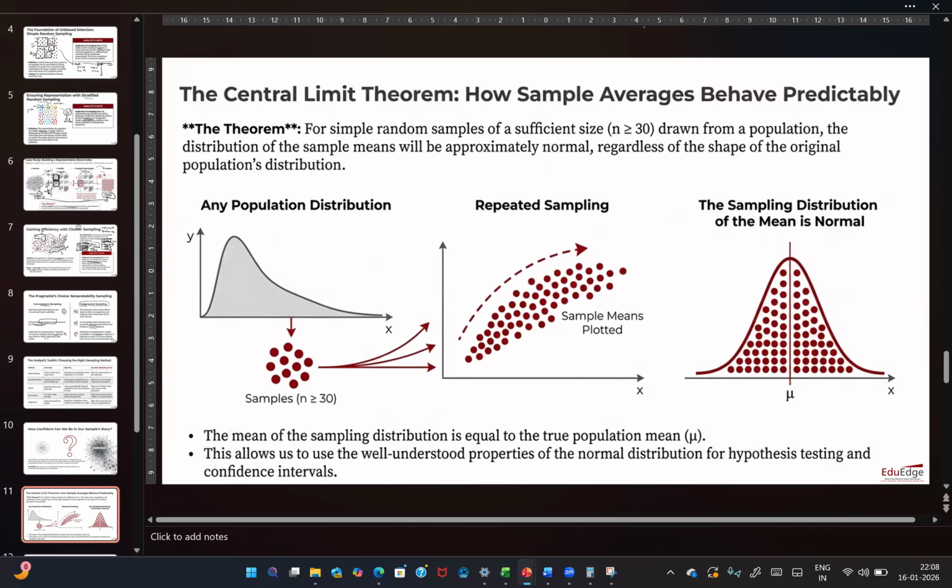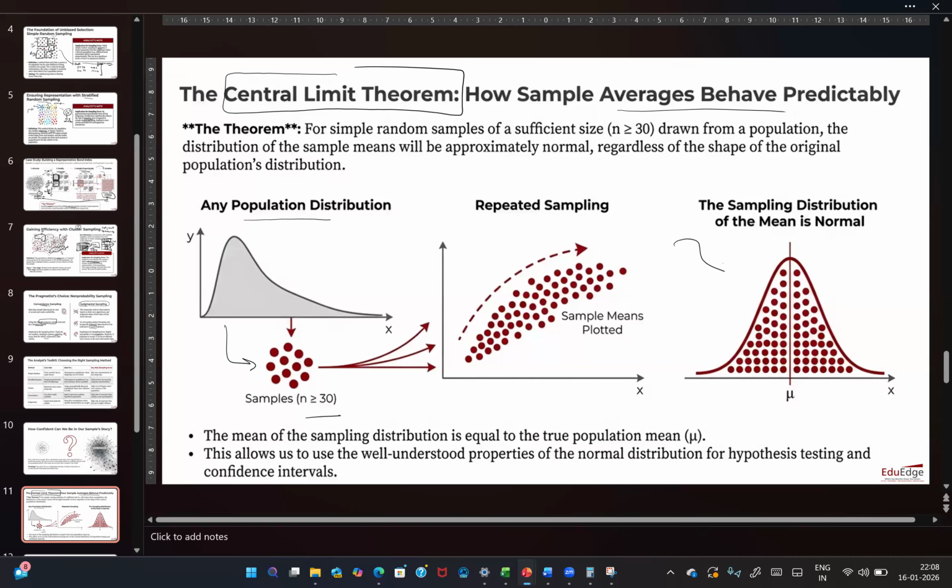There is something called the central limit theorem, which I have covered in the previous session. Here we are going to talk about how sample averages behave predictably. The theorem states that you take any population distribution, any empirical distribution, create samples of size more than 30, and keep repeating this sampling process.